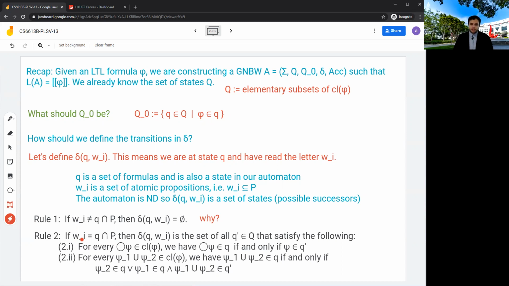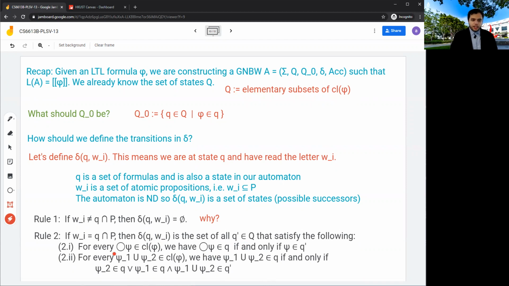But what happens when I take one step? Let's say that I started at state Q, I read the letter Wi, and I took one step and got to the state Q prime. What conditions should be satisfied between Q, Wi, and Q prime?